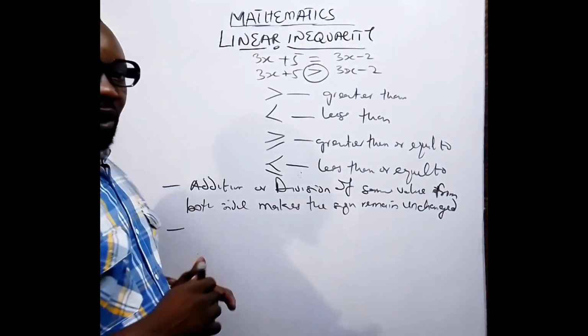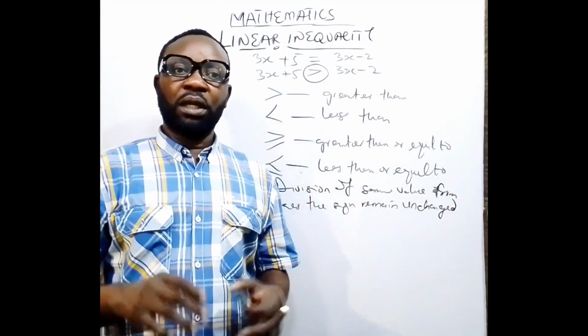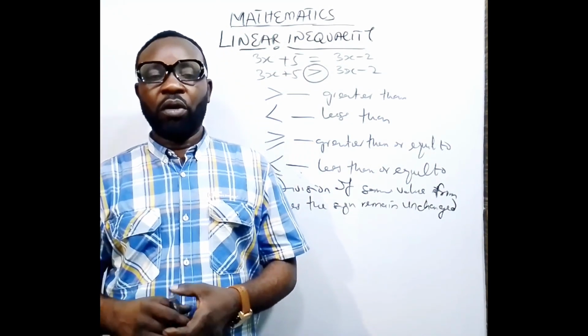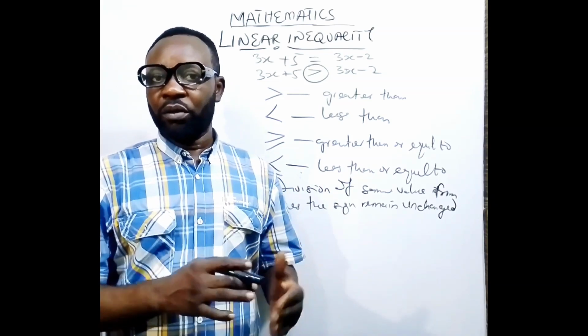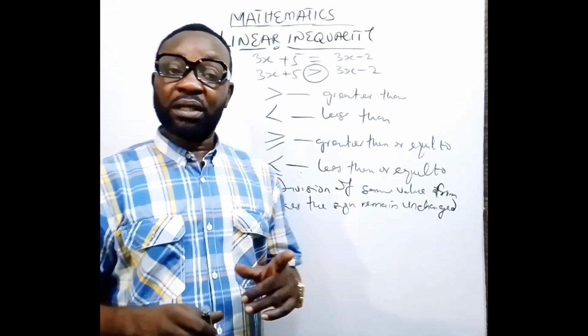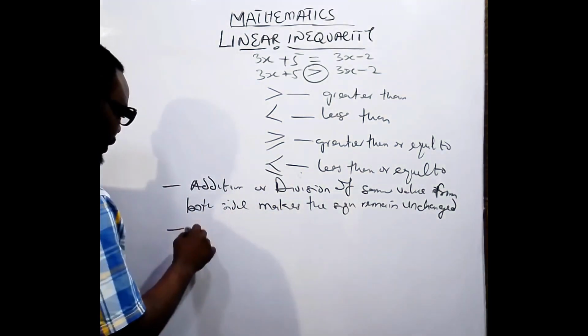Another condition is that the multiplication or division of a positive value to both sides of the inequality will also make the sign remain unchanged.